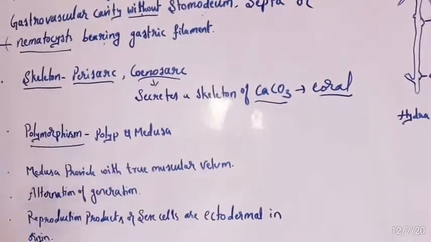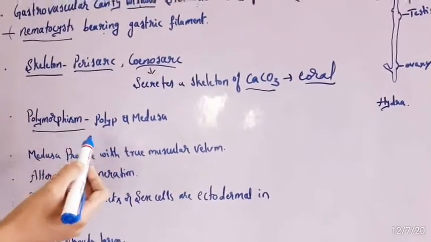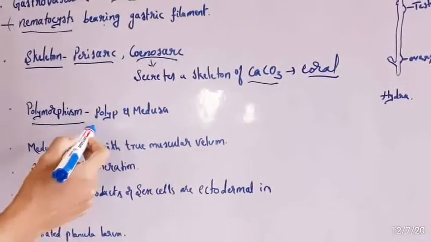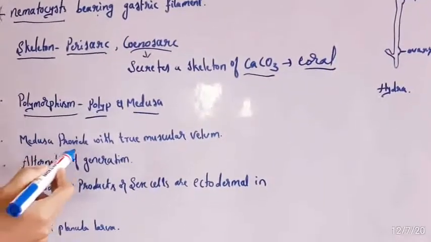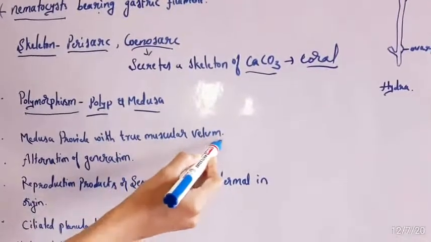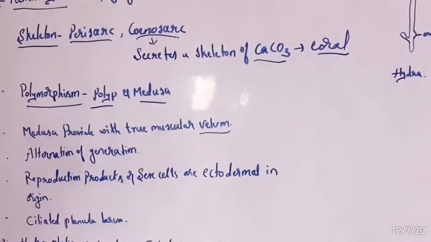Then they exhibit polymorphism, which you already know. Here it contains two types of zooids, polyp and medusa. The medusa is provided with a true muscular velum, meaning a true membrane.